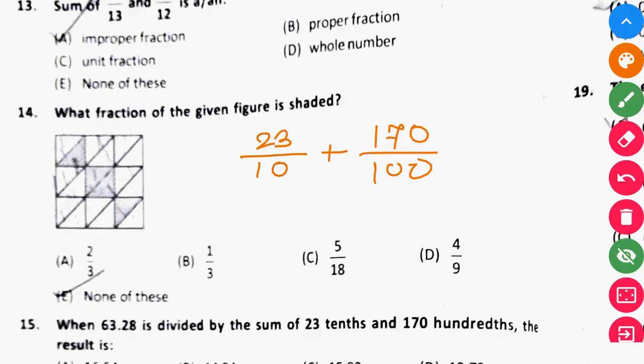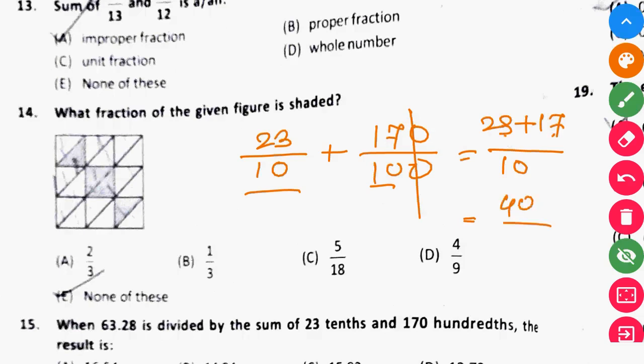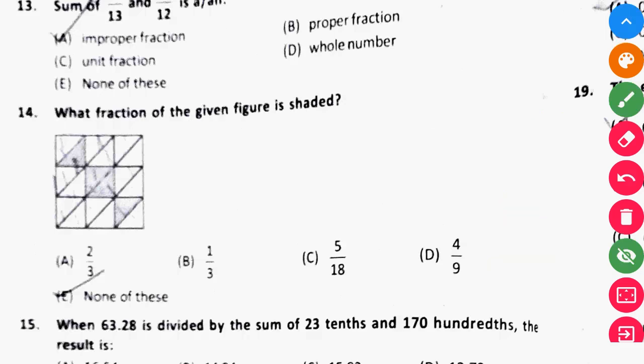Again, as the last example we solved, this 0 0 will cancel. Now the denominator is common, so add the numerators 23 plus 17. 23 plus 17 is equal to 40 upon 10 means 4. So sum is 4. Now you have to divide 63.28 with 4.